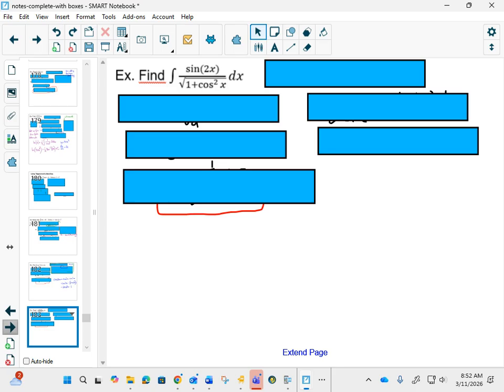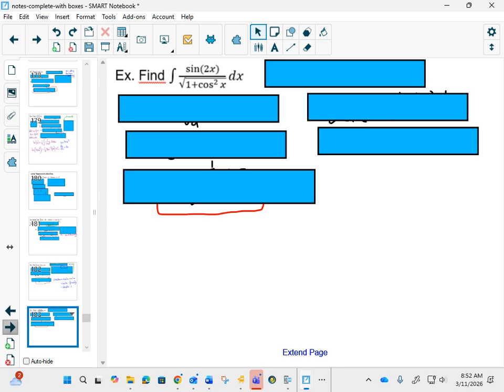Always try your simple methods first. So I would probably start with thinking, maybe this is substitution. I see a 1 plus cos squared x inside of a square root. I would like to make that my u and see what happens. That's probably how I would start.